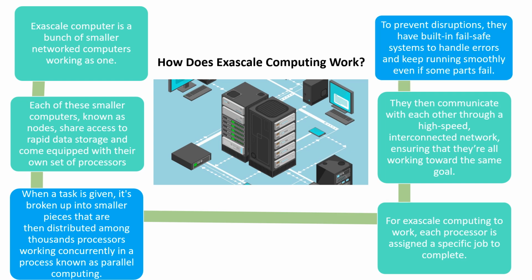To prevent disruptions, they have built-in fail-safe systems to handle errors and keep running smoothly even if some parts fail. So this is the underlying concept behind the exascale computer. We can say it is a bunch of smaller networked computers working as one.